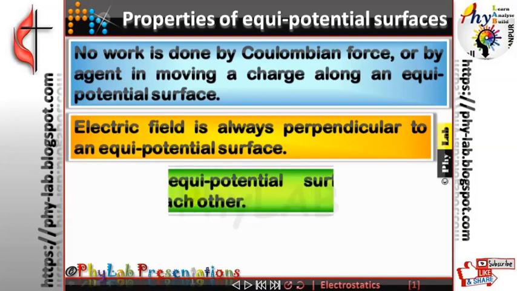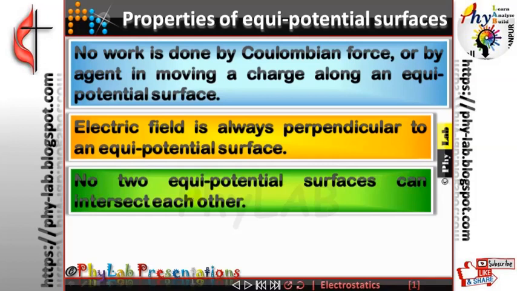And the last property says no two equipotential surfaces intersect each other. Suppose this is one equipotential surface having a potential of say 5 volt, and this is another equipotential surface having a potential of 4 volt. Then at the point of intersection I will have two different potentials, which is itself not possible.